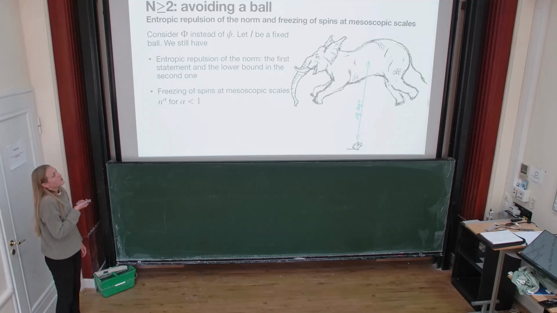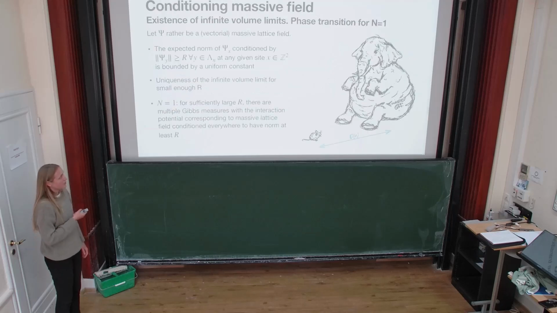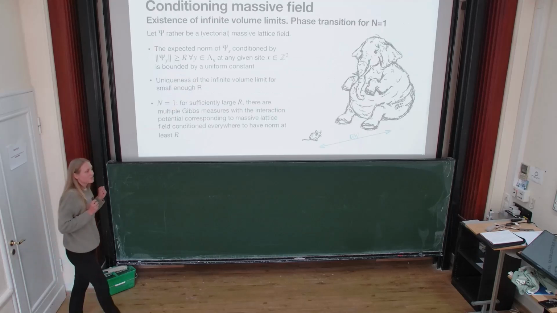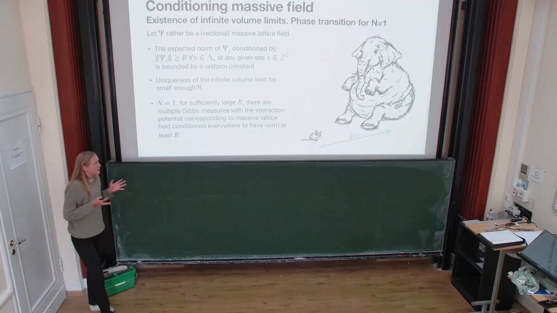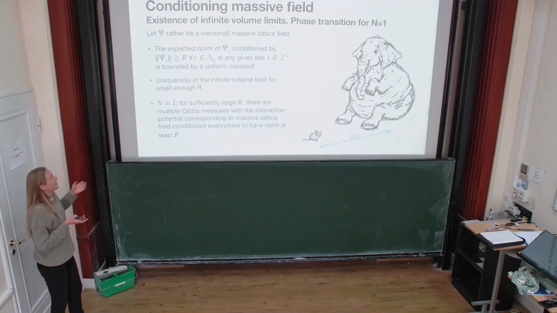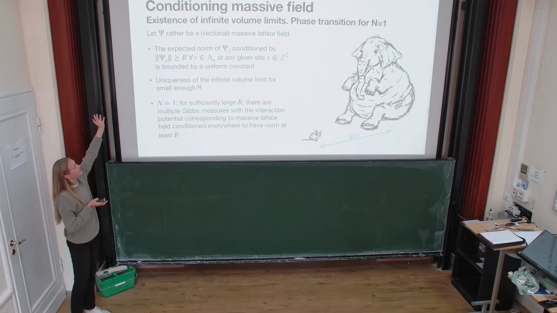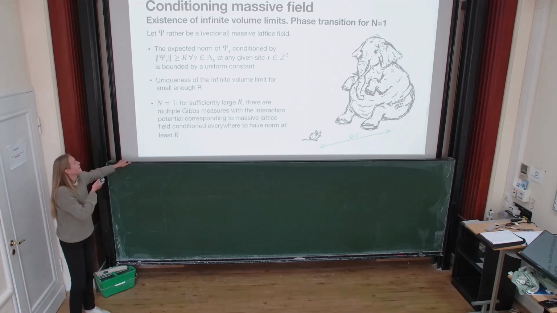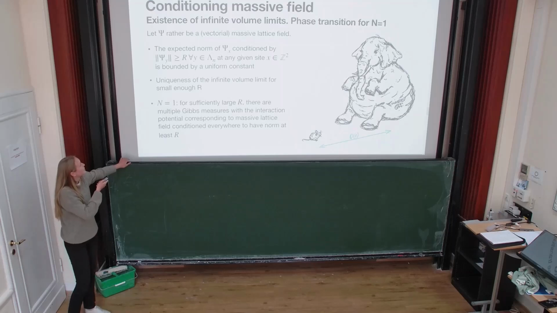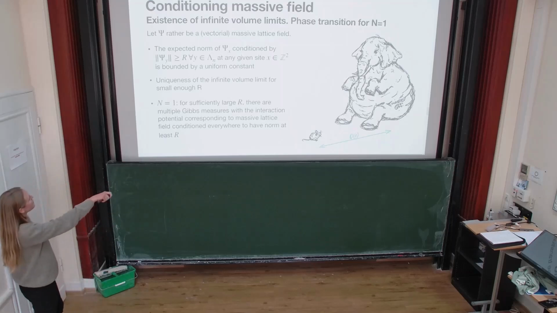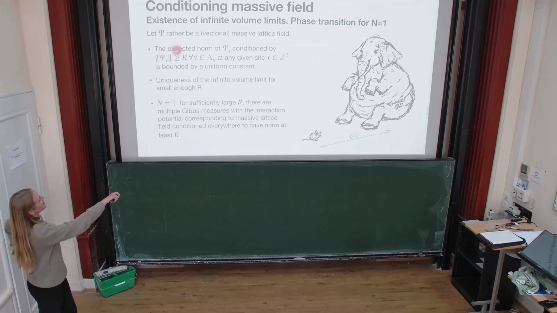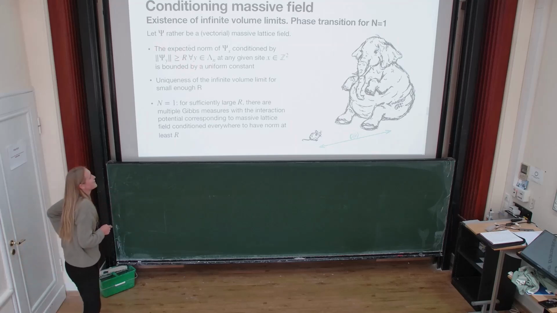So what would be more reasonable to look at would be conditioning the massive field, because what's happening there is that the expected norm of the field for any n, conditioned again on staying outside of the ball of radius r.